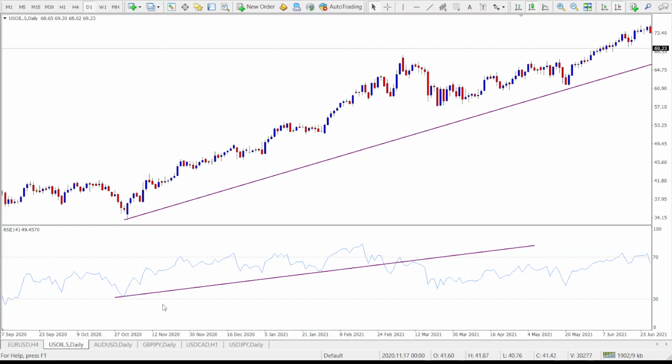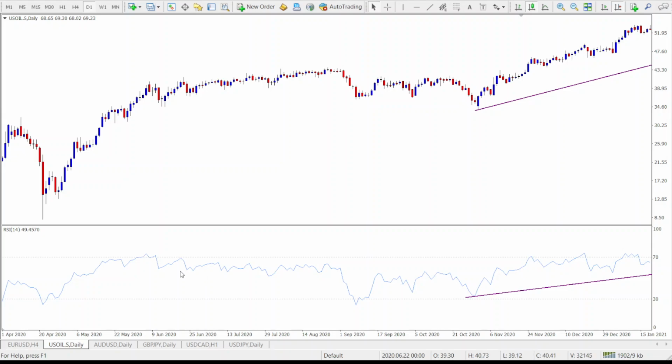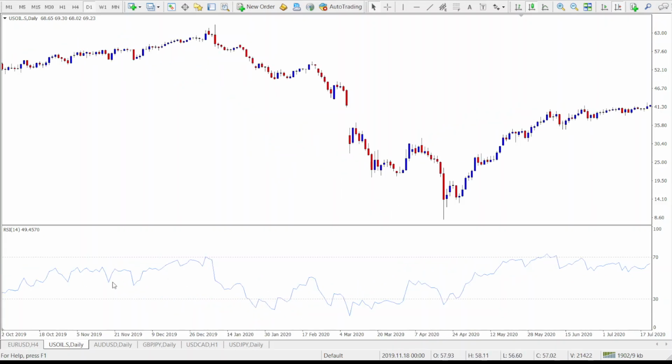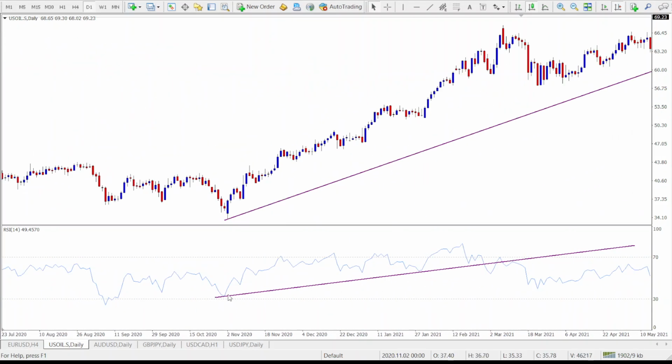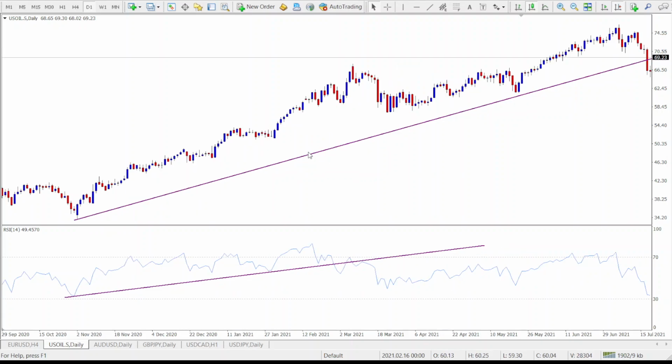Can you see that the RSI was not making some sideways movement, unlike what we have here? You can see that in some cases, you will find the RSI making sideways movement, but you can see how this RSI value is going consistently up, indicating a strong bullish momentum. This is what we call a strong bullish momentum.